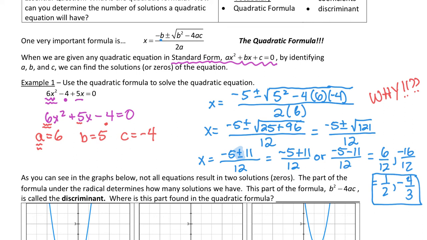So if factoring has been a problem for you, this is another method you can use instead of factoring to help you get the correct answer, to get the solutions for an equation, and it might just be a little bit simpler for some of you. There are some other things that the quadratic formula also does for us, and we're going to explore those in the next video.